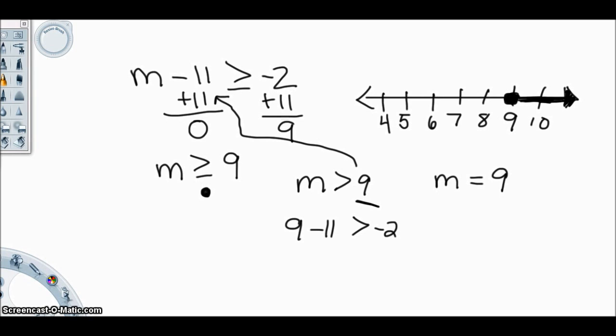We need to pick a number that is actually greater than 9. What numbers could be greater than 9? Let's try 10. 10 is greater than 9, and it's only one away. Makes it easy for us. So 10 subtract 11 is going to give me -1. And I keep the greater than sign, and I keep the -2. Is -1 greater than -2?